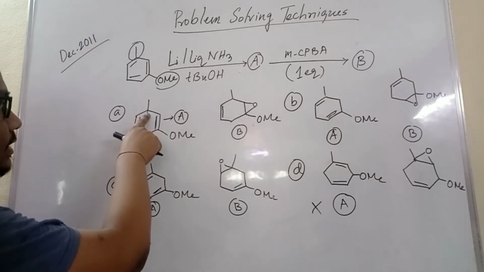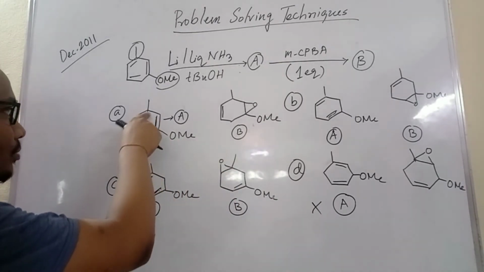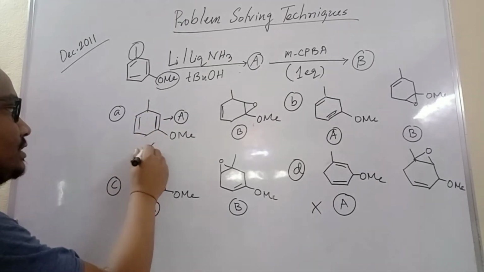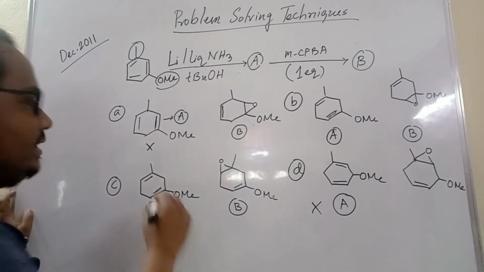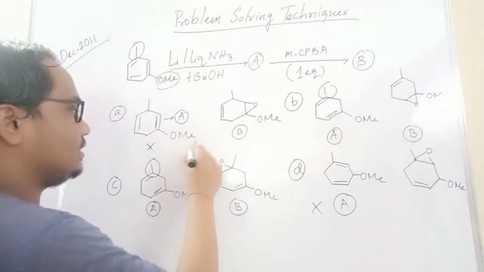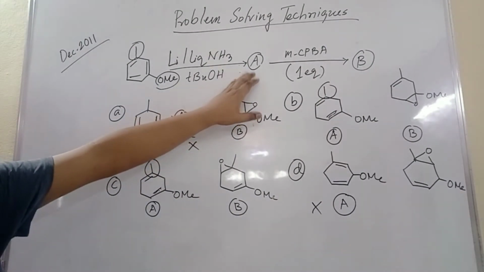So in this option it is wrong, because here the double bond is far from this methyl group but near the methoxy. So this is cross. Here the double bond is near the methoxy and the methyl group, and here also near the methyl group. So in this option these 2 may be possible, because first you will get A, then you will get B.